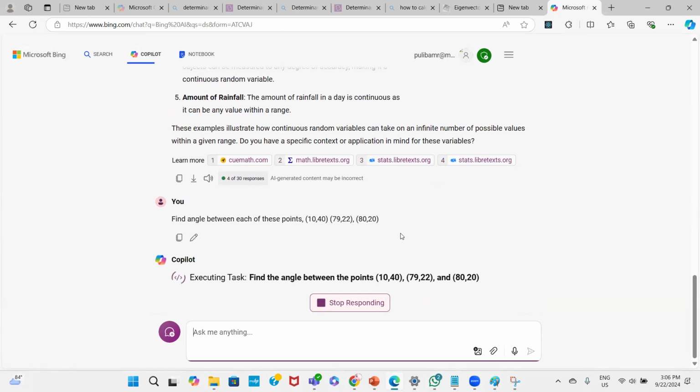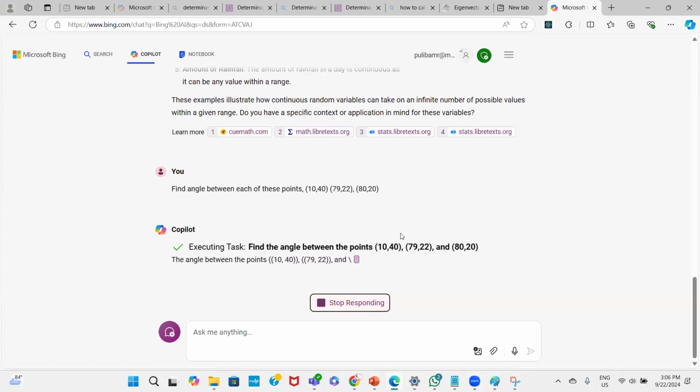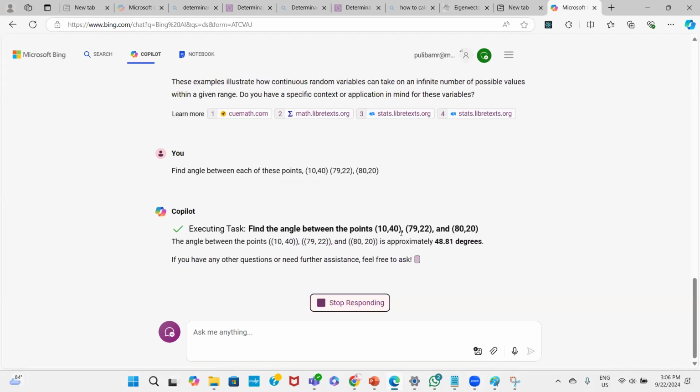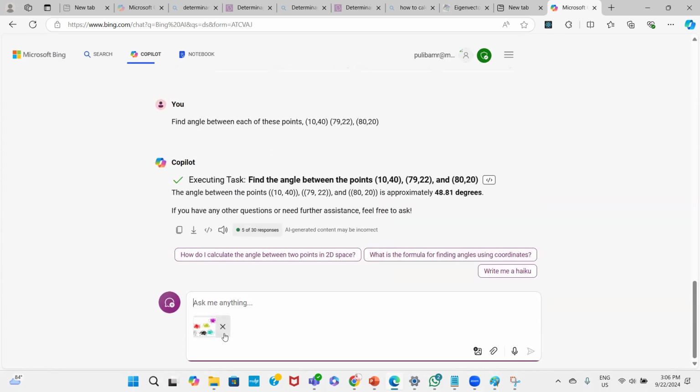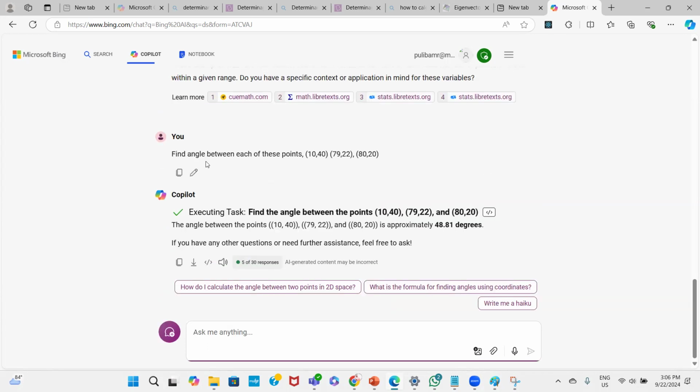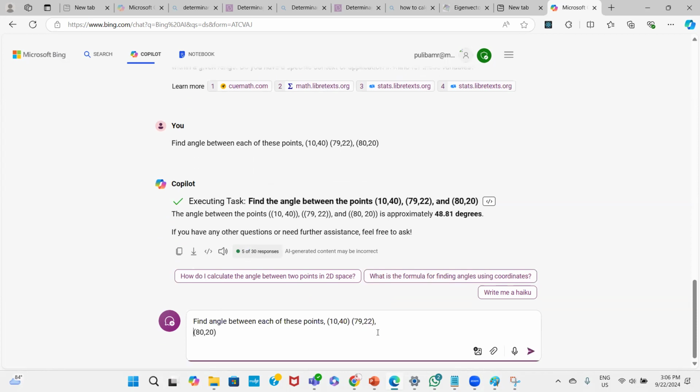When the angle between them increases, cos theta will reach 0. Angle between each pair of points, you can say. Try that.